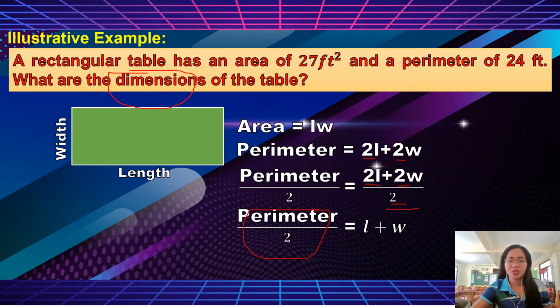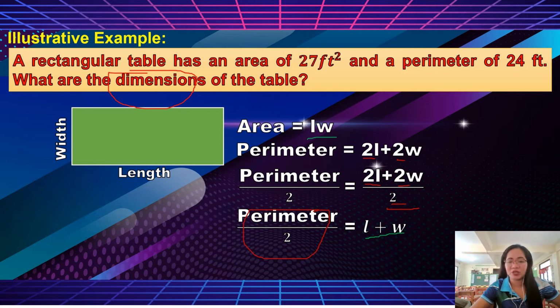Now, try to look at the formulas: length times width and length plus width. In length times width, what operation is used? Yes, it's multiplication. How about length plus width?